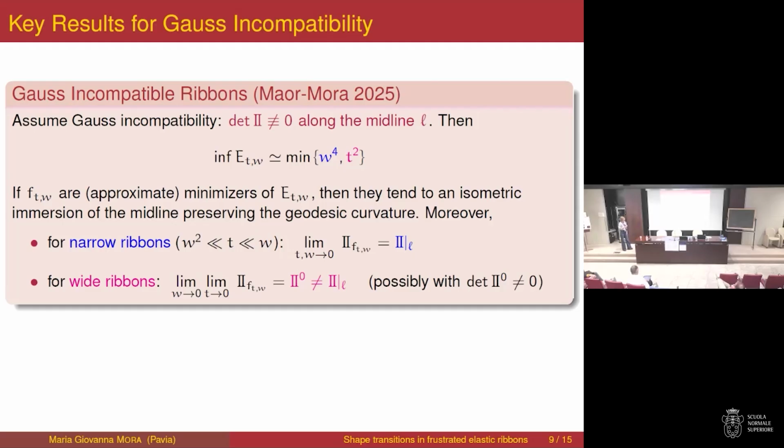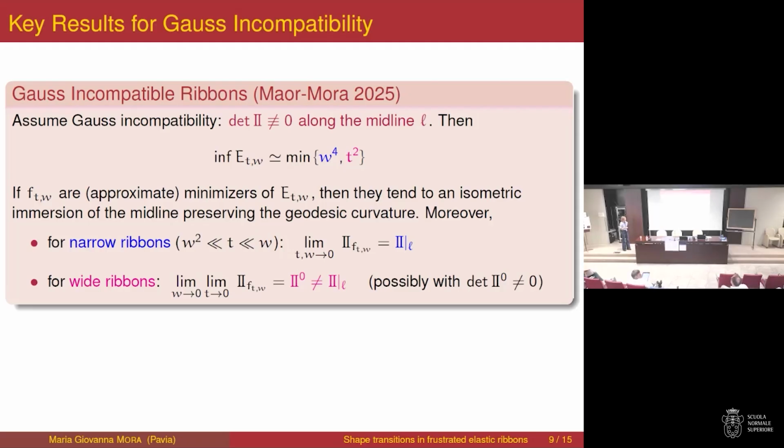And then we can show some properties of the minimizers, but let me focus on the behavior of the second fundamental forms of minimizers, because this is where we see the change of shape. For narrow ribbons, which means that t is much larger than w squared, we can show that the second fundamental forms of minimizers go to the target curvature.